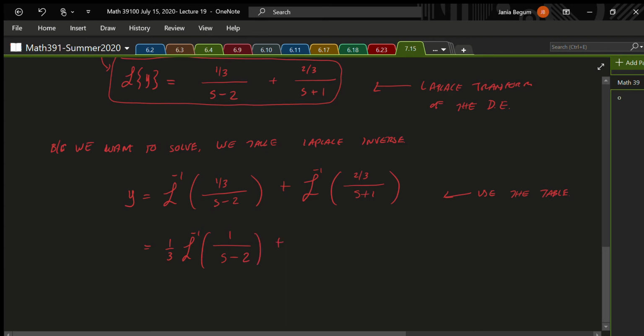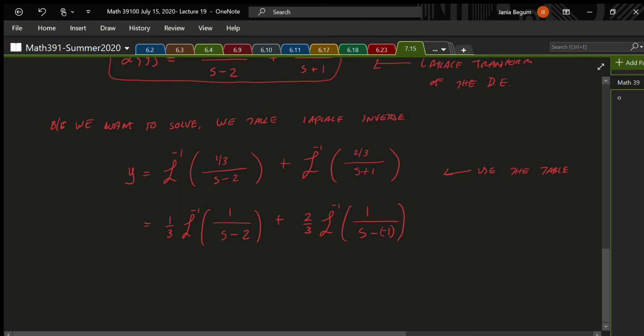And then the second one will also match with the exponential, but I have to pull out the 2/3. So you have the Laplace inverse of 1 over s minus -1. So that's like your a, right? So now we know from the table the Laplace inverse of 1 over s minus a is e to the at.